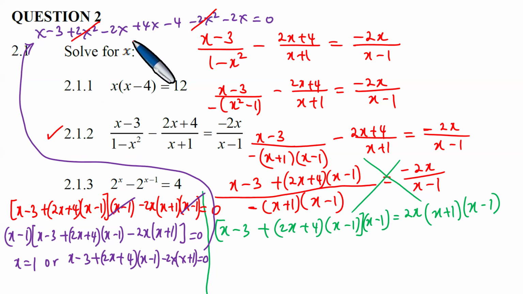Okay, let's check that one. Negative 2x and negative 2x, what do they give us? Okay, because they are both negative. We can group like terms. Let us collect like terms. So there's x, then there's minus 2x, we dealt with it.